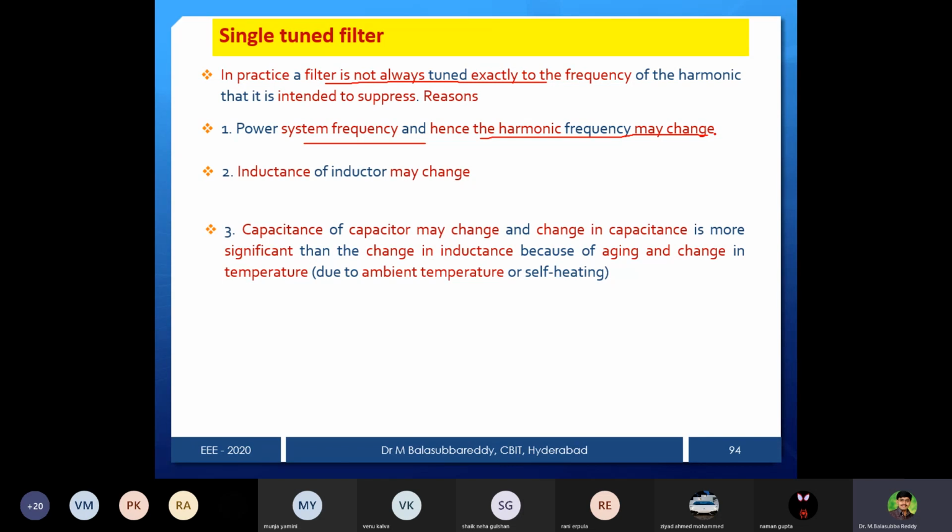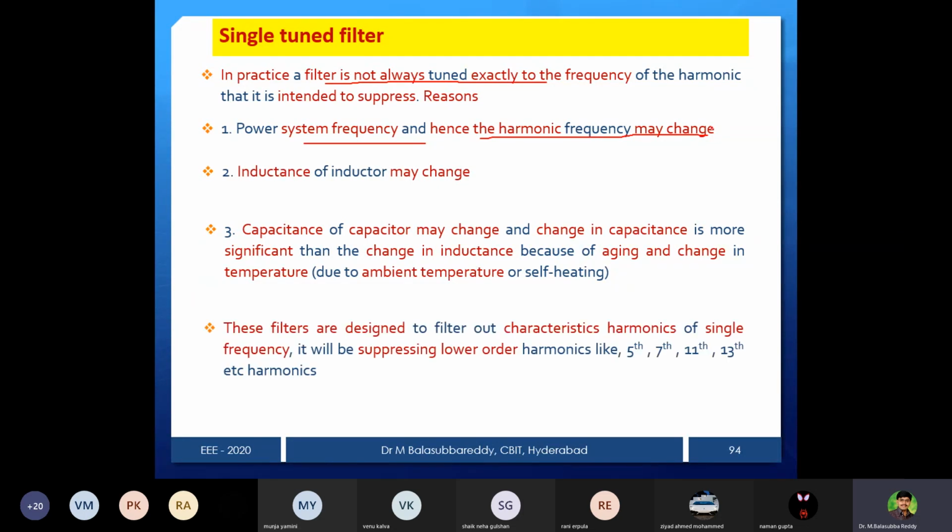Either the inductor or the capacitor is going to change because of the change in temperature. These factors are going to be influenced, and these filters are designed to filter out the characteristic harmonic of a single frequency. They will be suppressing lower order harmonics.